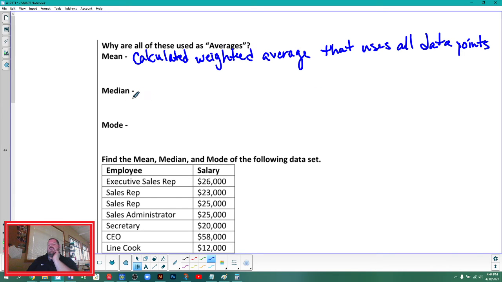The median is used as an average because it finds the middle of all points.